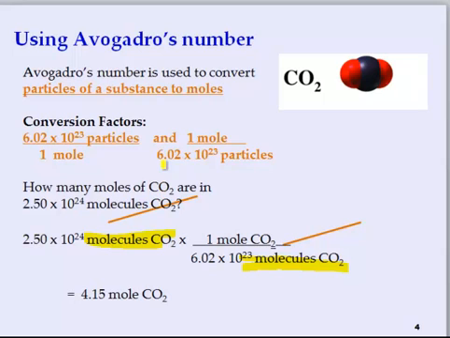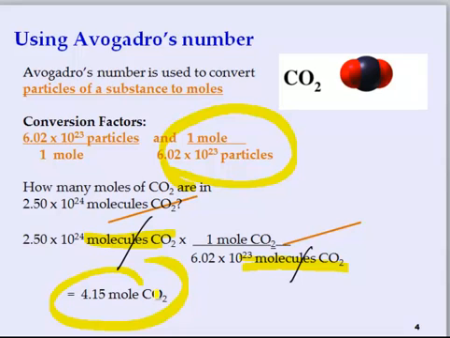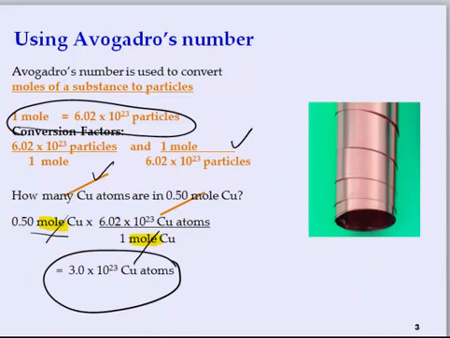In this particular case, I'm using this part of the conversion factor and setting it up to cancel my molecules and expressing my answer in the number of moles. In the previous example, let's go back, you can see up here I used this part of the conversion factor.